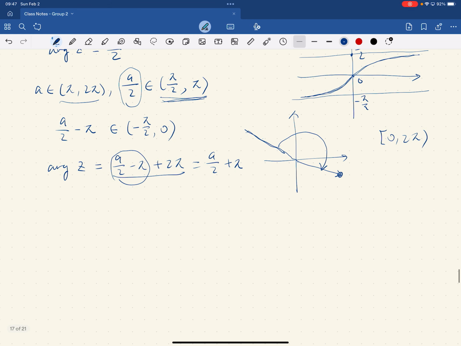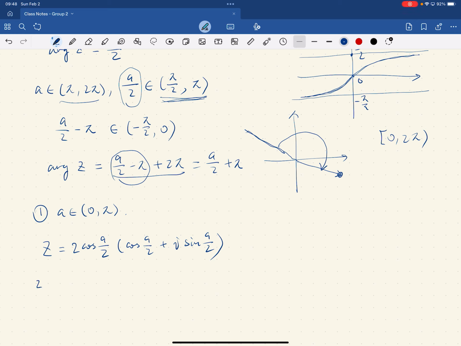So we can say that in case 1, when a is from 0 to pi, we have z equals 2 cosine a over 2. In this case, cosine a over 2 is positive, so we don't need the absolute value sign. Then we have cosine a over 2 plus i sine a over 2. The argument is a over 2.